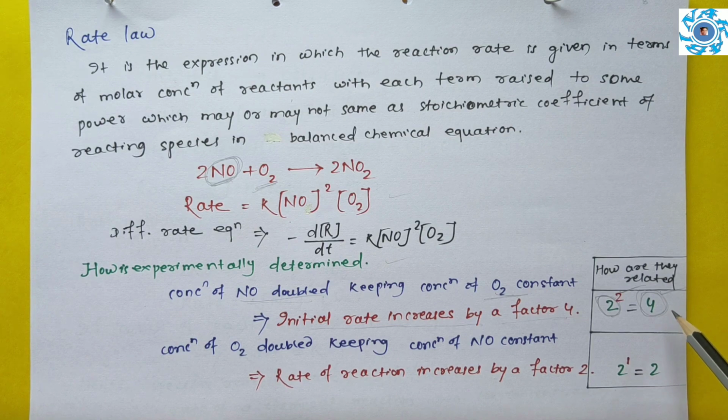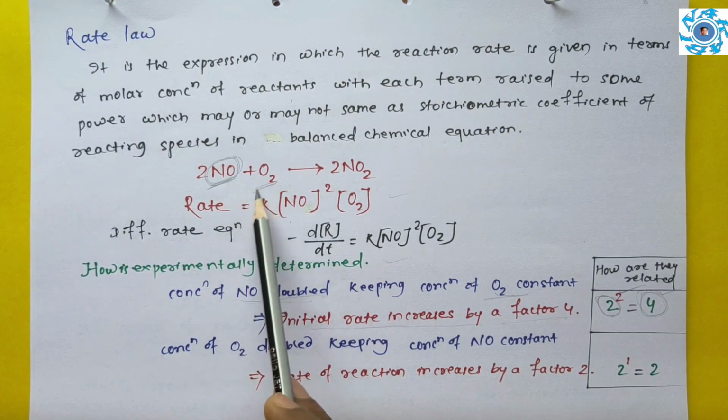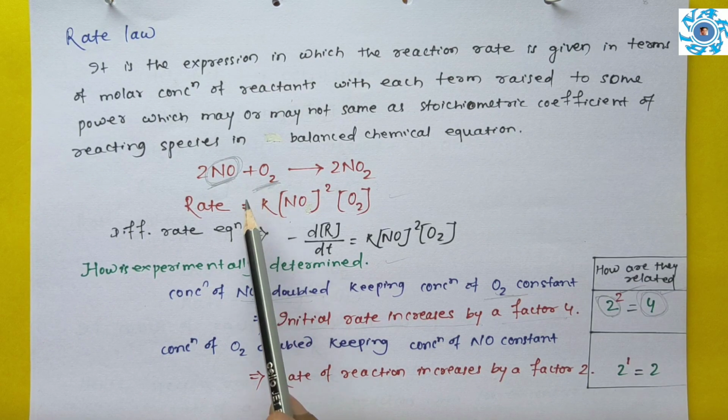Similarly, when we conduct the experiment once again, in the second step we kept constant the concentration of NO and we doubled the concentration of oxygen.